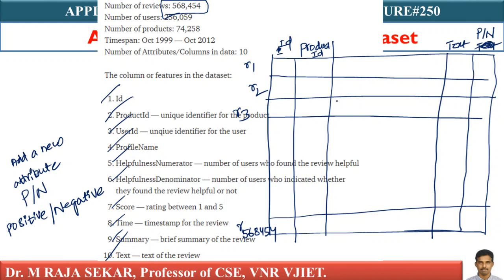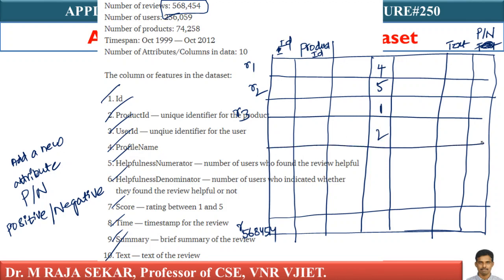But of course, I will remove the score field. You may have a score column here with values, let me say 4, 5, 1, 2. These are the score values. Let me say this is review 4.